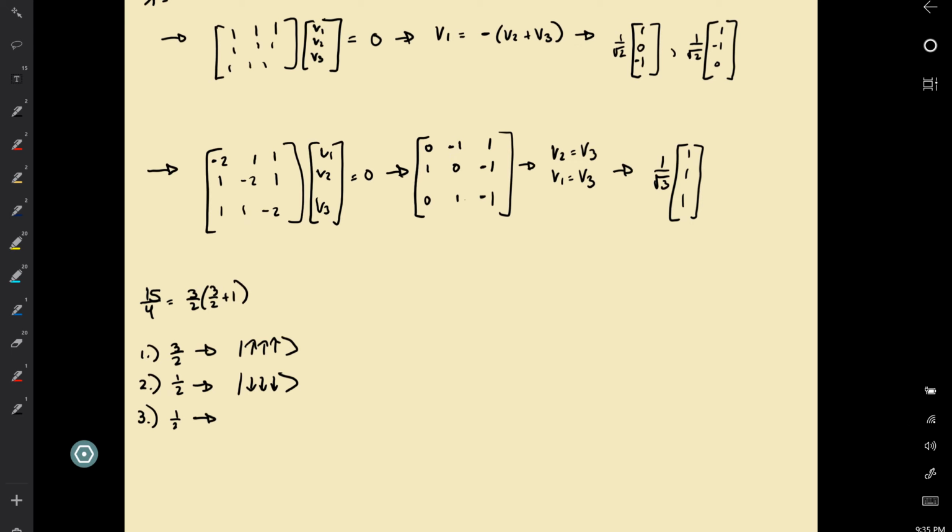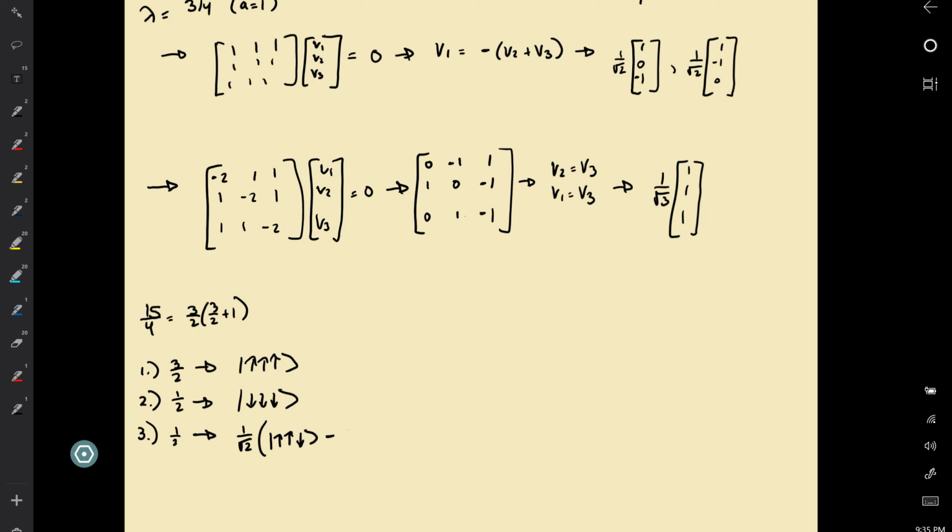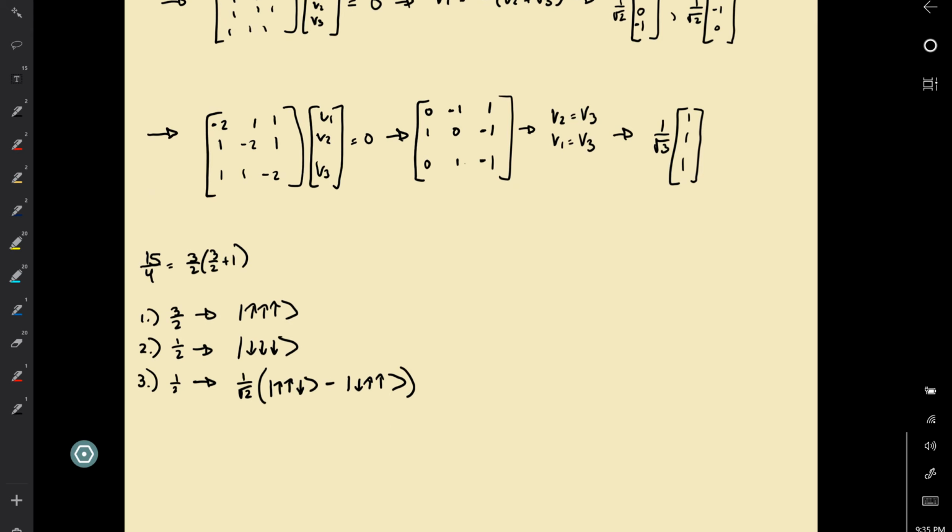So we've got 1 over root 2 times up, up, down, minus down, up, up, and then 4 is 1/2 again, and that is 1 over root 2 up, up, down, minus up, down, up.